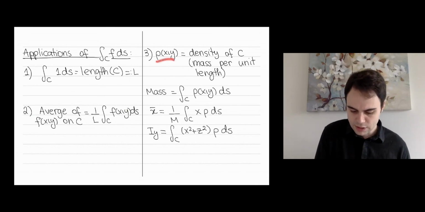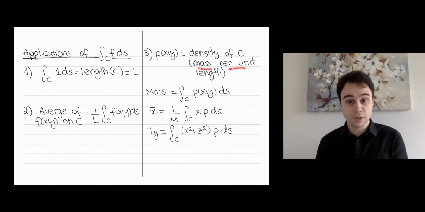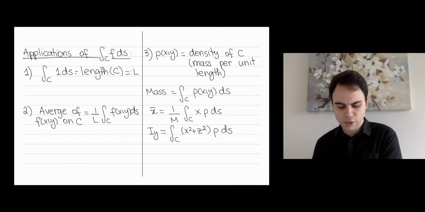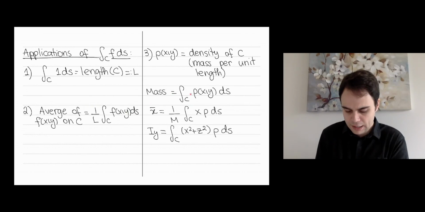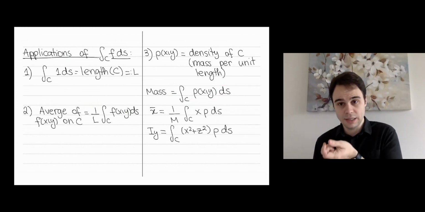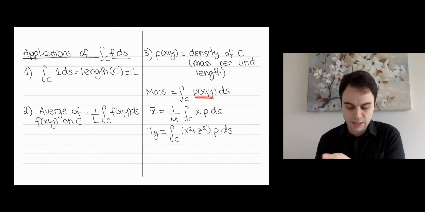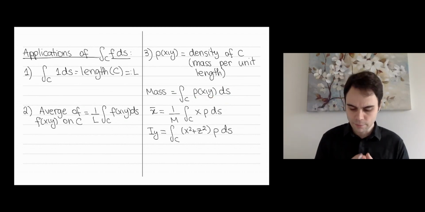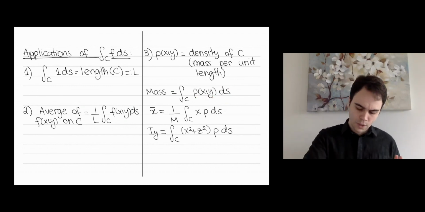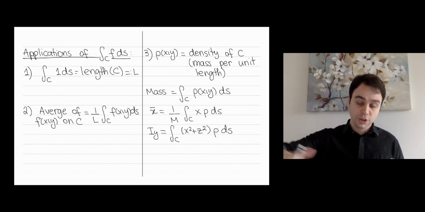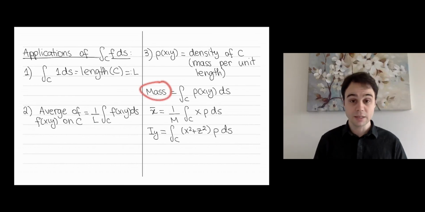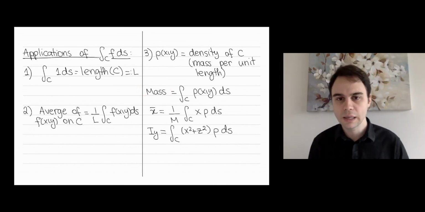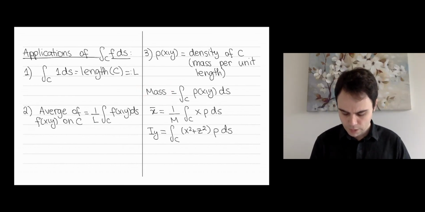If I have a function that tells me how much mass is in a unit of length at each point of the curve, I can compute the mass of the whole curve by multiplying the density times ds. So ds is the length of the little piece of the curve, and times the density it gives me the mass of the little piece of the curve. If I add that over a subdivision of the curve, in the limit where the subdivision is really small, I get the mass of the whole curve.